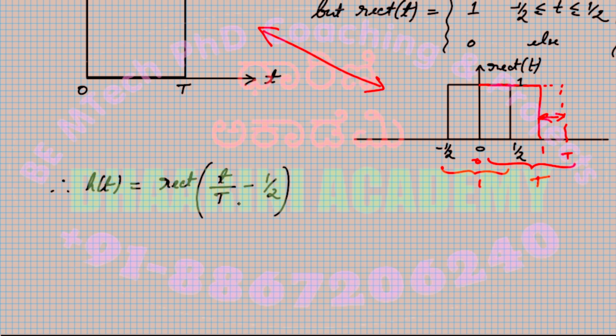There is a division by capital T because I'm scaling by that amount, and minus half because I'm shifting to right by half unit, just to match my requirement. So that will be the conversion of rect of t to h of t, where h of t is written in the form of a rect function. All right, let's proceed further.